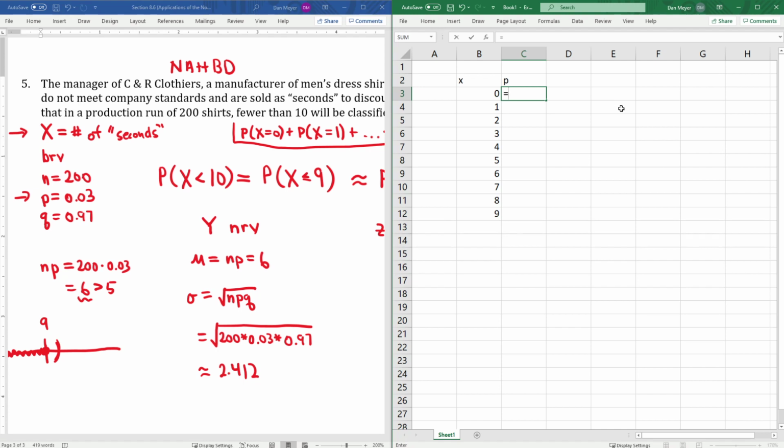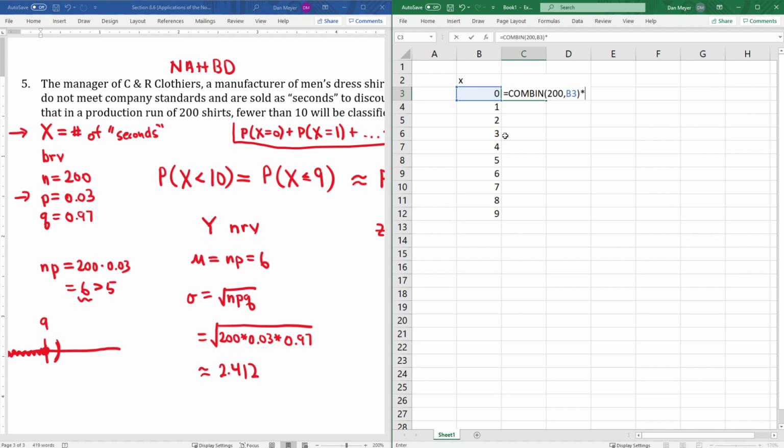So if you've never used Excel before, this might look a little bit wonky. But we're doing, let's see, the name that Excel gives for the combination, the choose, is just combination, or combin. In combin, we have how many? We have 200 trials, and we want to use this value for x, and we multiply p to the x.